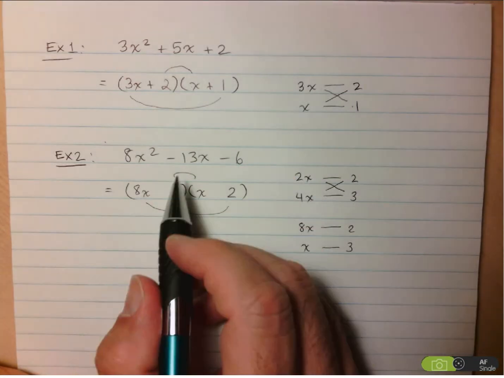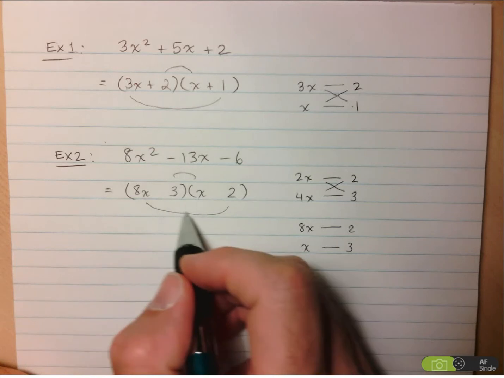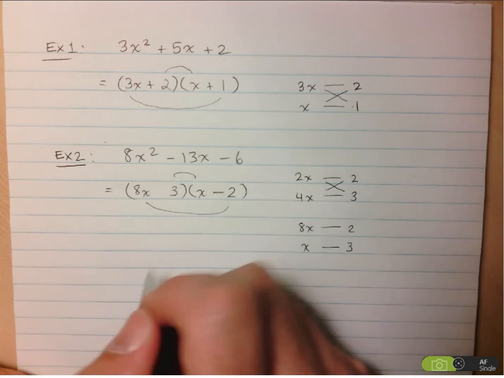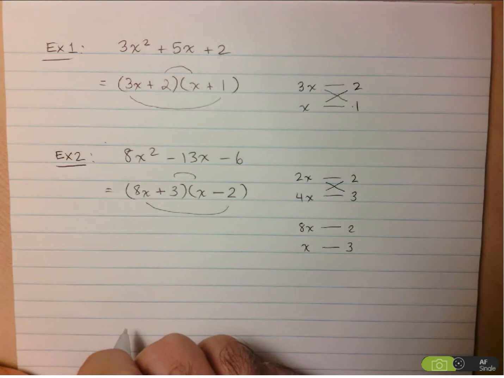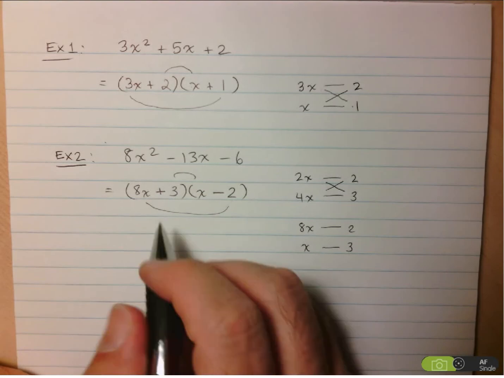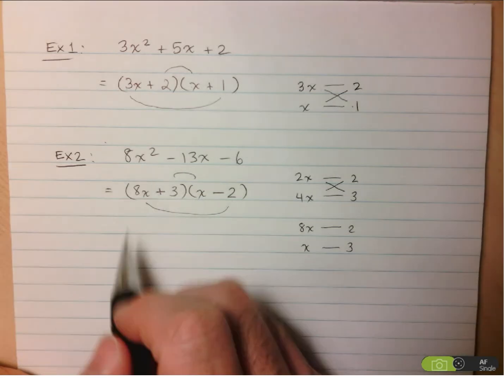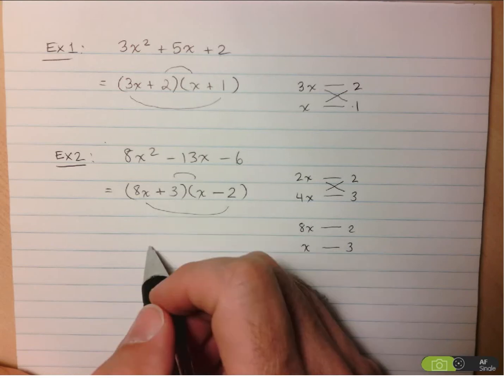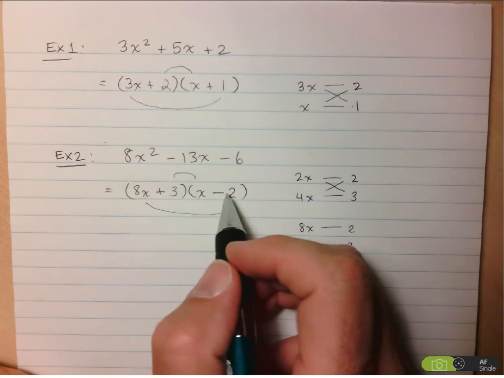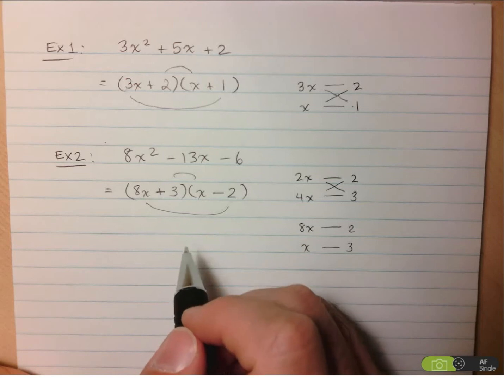We need these to add up to negative 13, so the 16 will be negative, and the 3x will be positive. And there's our factorization. Let's check again just to make sure. 8x times x, 8x squared, negative 16x plus 3x, negative 13x, and then 3 times negative 2 is negative 6.